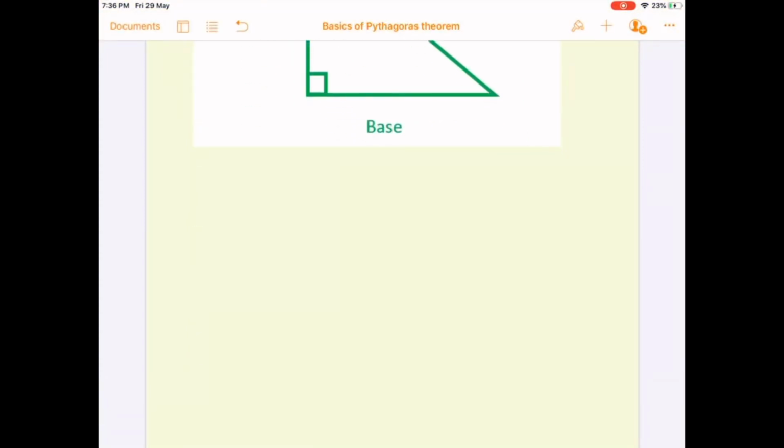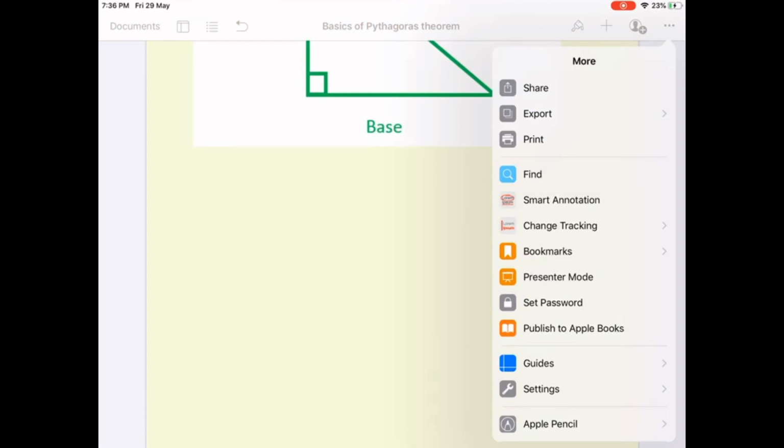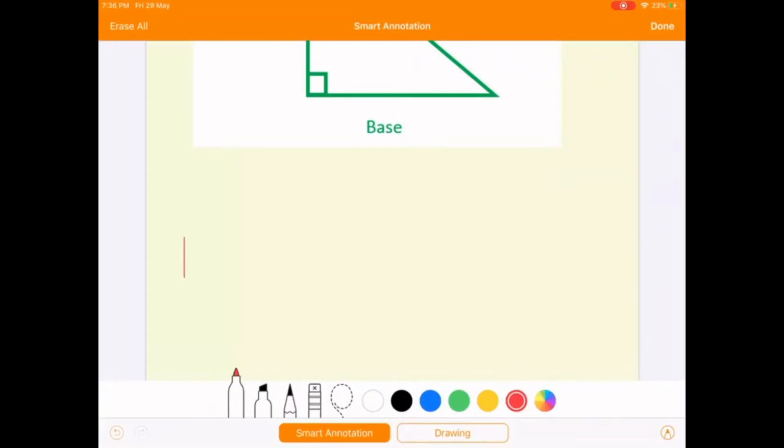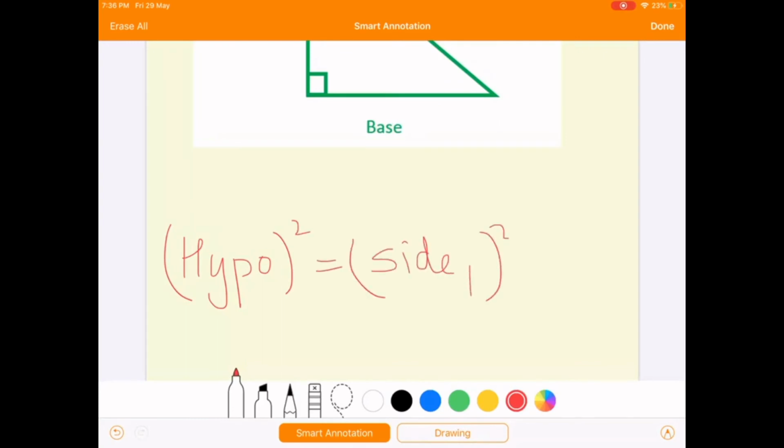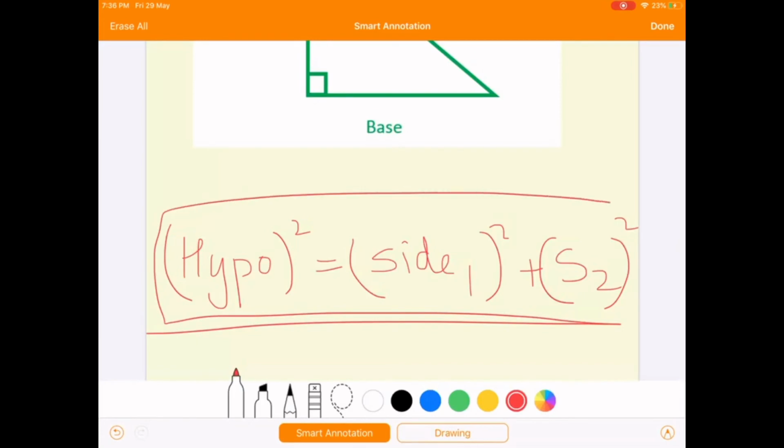And the Pythagoras theorem states that hypotenuse square is equal to side 1 square plus side 2 square. Okay, this is the Pythagoras theorem.